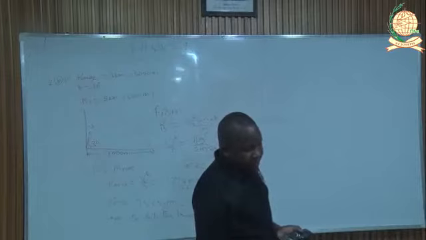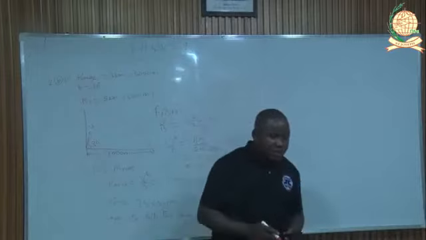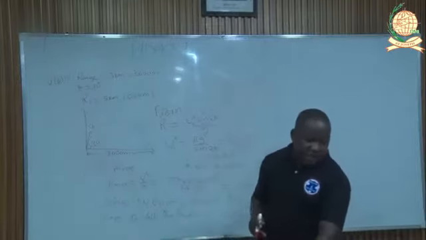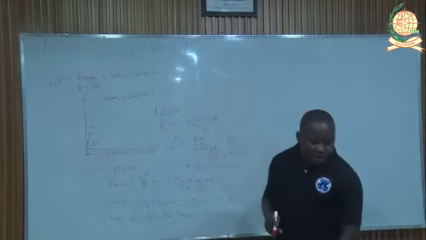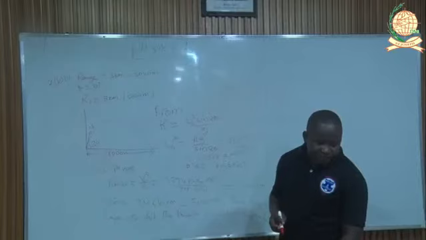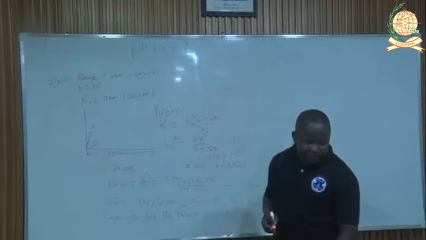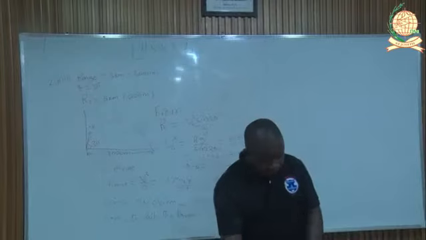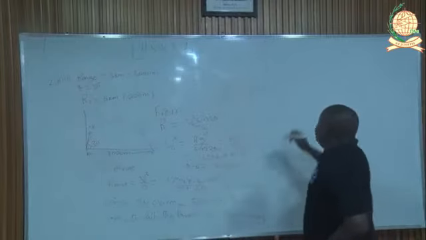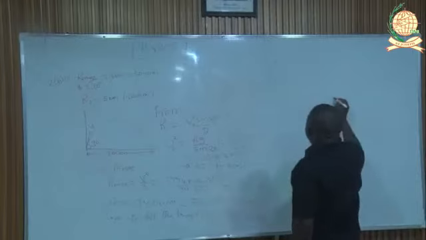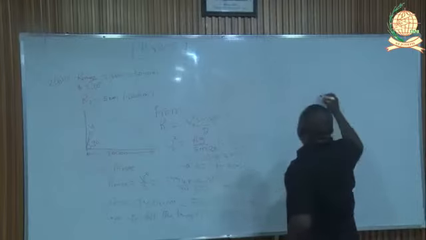The next part: velocity at the maximum height of projection is half the initial velocity of projection. What is the angle of projection? So we have a projectile like this one.